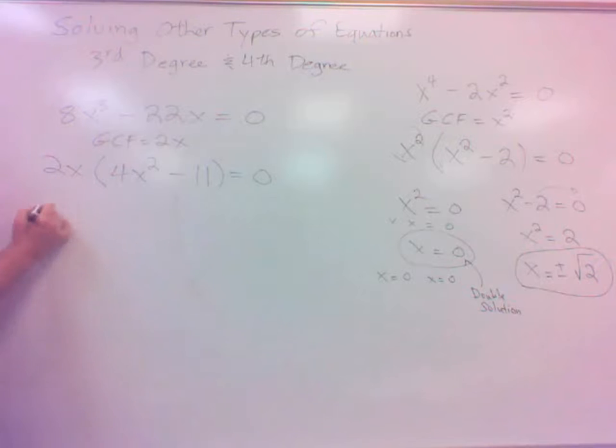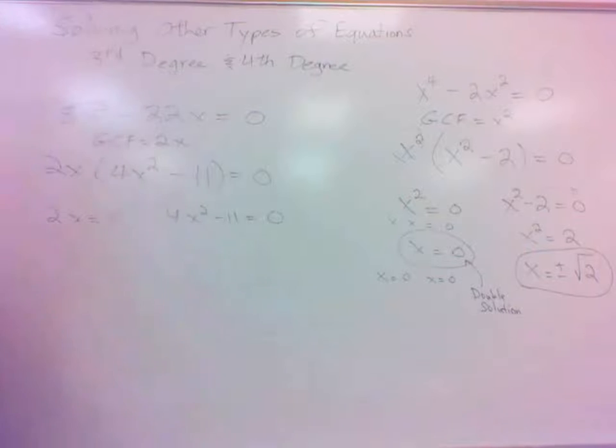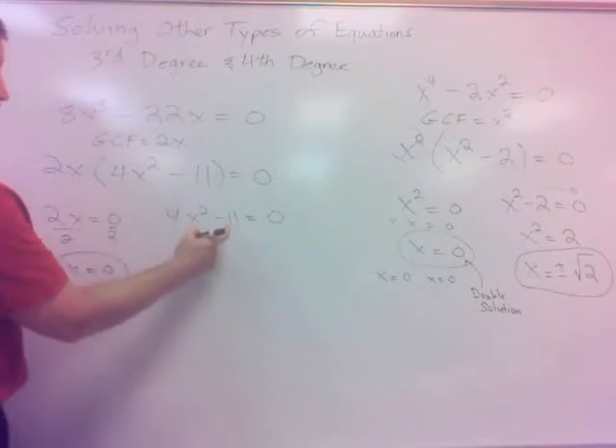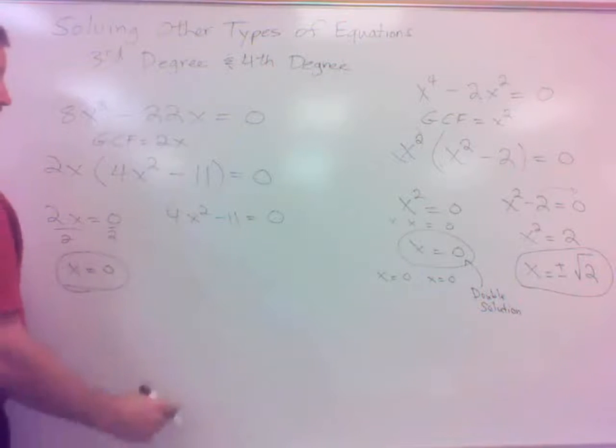But we can still then say 2x equals 0, 4x squared minus 11 equals 0. Here we divide by 2, and we've got x is 0. Another one solution.